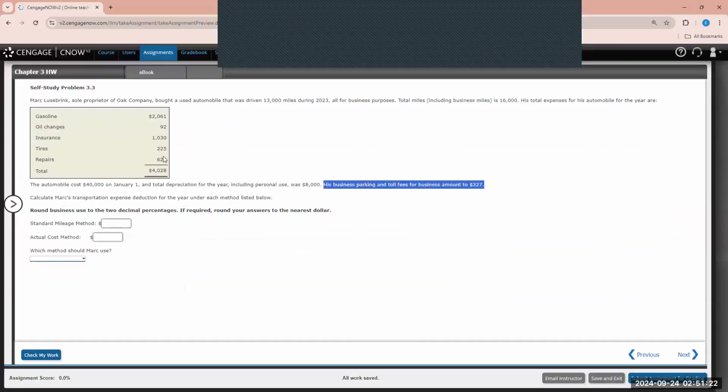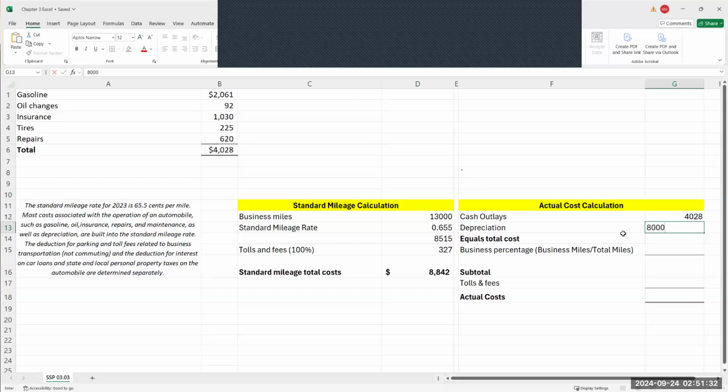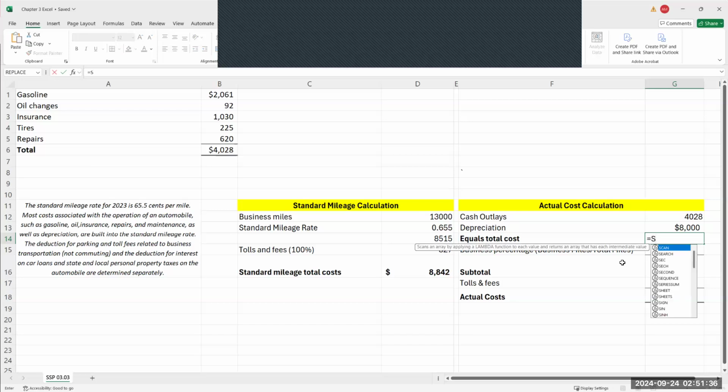How do we know that? It shows us here total depreciation for the year, including the personal use, was $8,000. So we want to determine the total cost. We sum the two: the cash that we spent plus the $8,000.